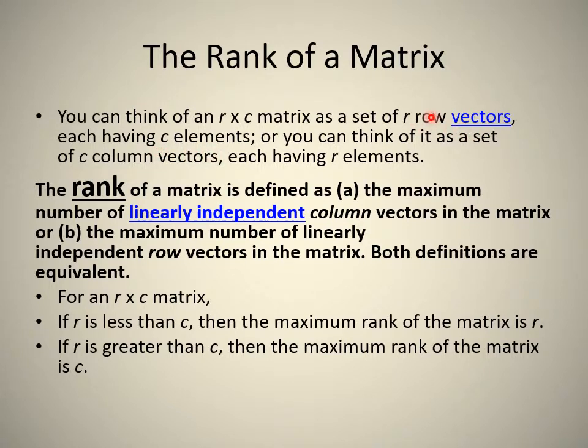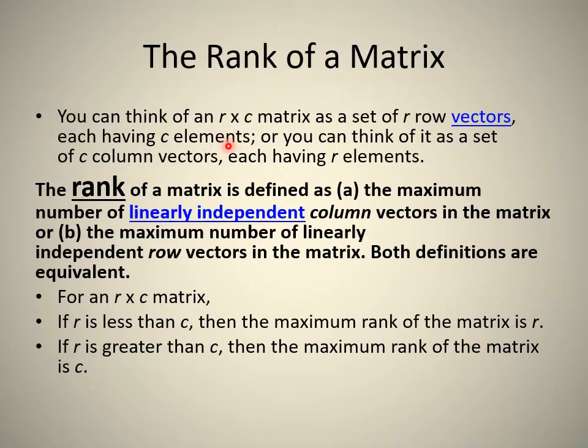Let's say it's a 5 by 3, so 5 rows by 3 columns. So you will have 3 elements per row. You can actually think of it as a set of C column vectors, the columns, each having R elements. That's your number of rows.